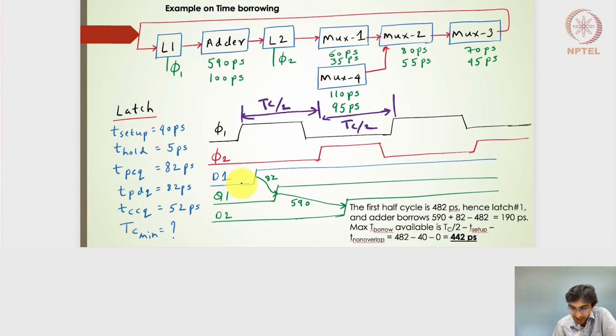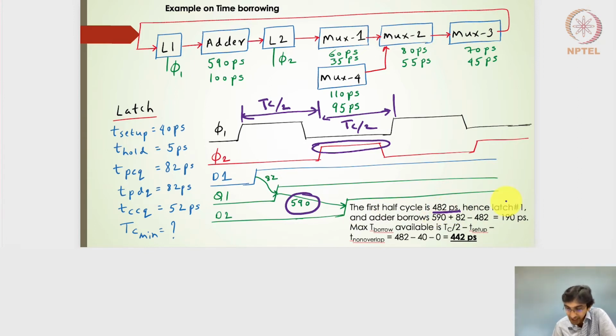Now, if I draw the timing diagram of the D1 signal, Q1 signal and D2 signal, D2 here is very interesting. It takes 590 picoseconds, and then it is made available in this phi 2 being high. So the first half cycle is 482 picoseconds.